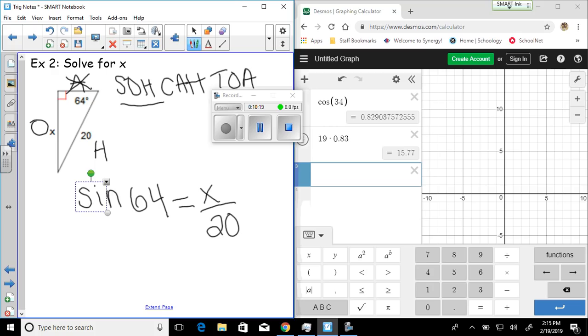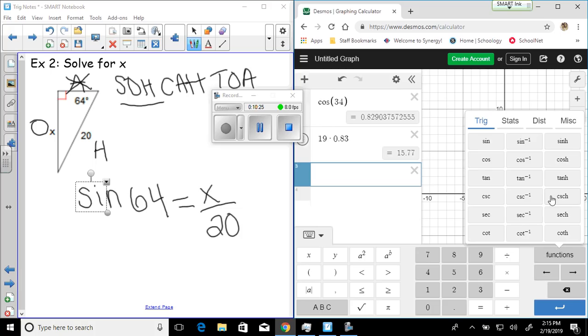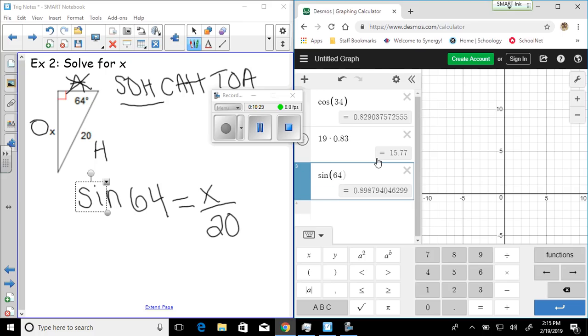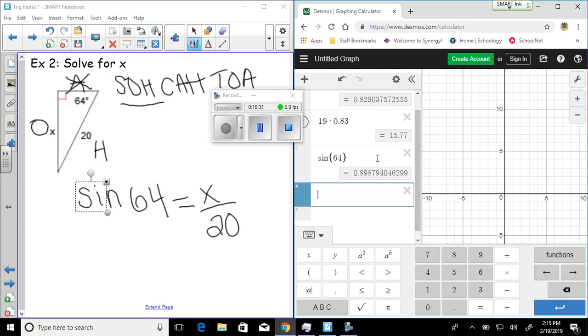So let's go over to Desmos, because we've already put it in degree mode. Let's hit functions, and let's pull up sine of 64. And we get that as about 0.9 when we round it. So then we have 0.9 is equal to x divided by 20.